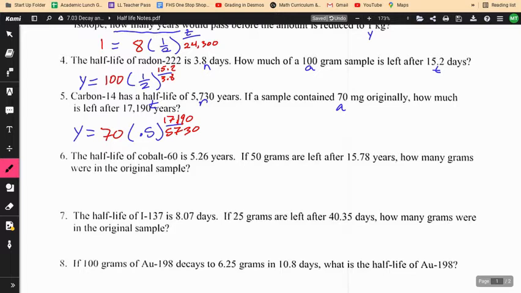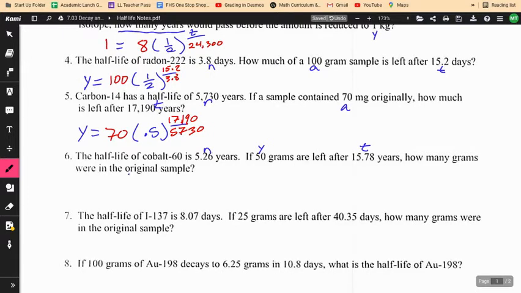Then number 6, the half-life of cobalt-60 is 5.26 years. If 50 grams are left, okay, so this changes things. 50 is my final amount because that's what's left. If 50 grams are left after 15.78 years, which is T, how many grams were in the original sample, which is A?